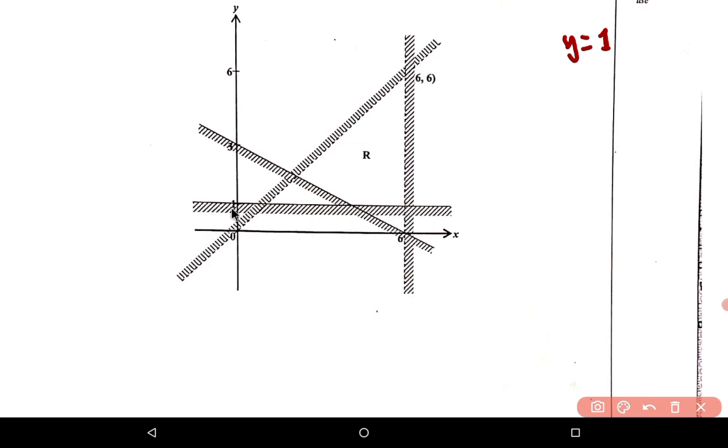All the numbers down that were shaded are less than 1. So the unshaded region is y is greater than or equal to 1, and that is our first inequality, because we are describing the unshaded region. The shaded ones are all numbers less than 1.